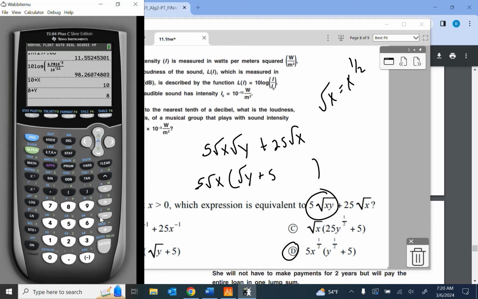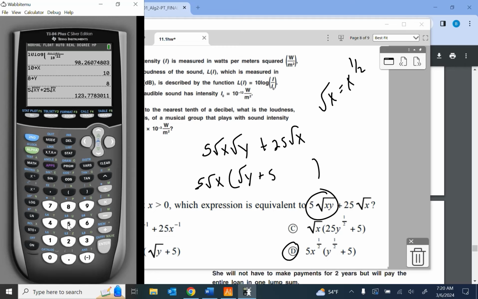Now I'm going to type in the original function, which was 5 square root x alpha y, plus 25 square root x, and it's going to give me a numerical number.